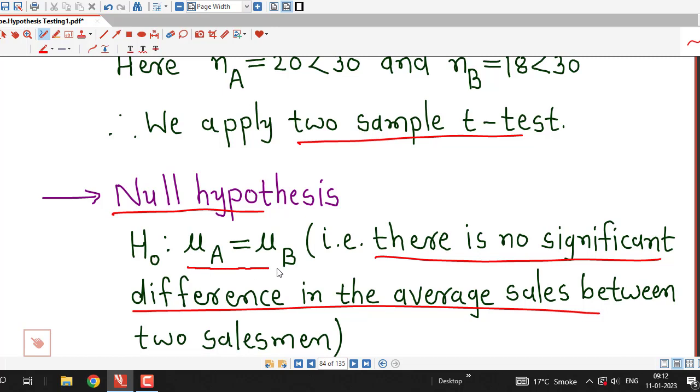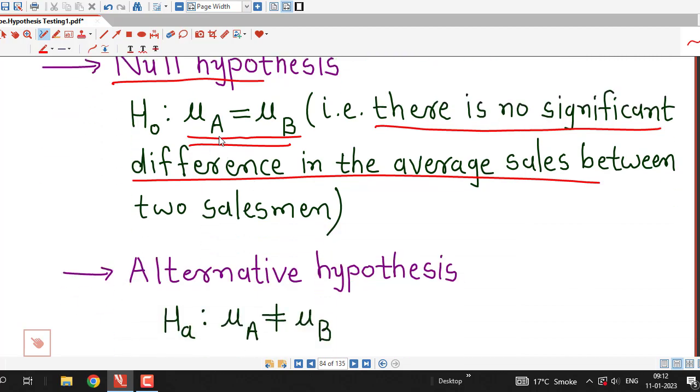In other form, mu suffix A equal to mu suffix B. This is the null hypothesis, and the alternative hypothesis is that these two are different, that is mu suffix A is not equal to mu suffix B. And we are performing the test under the assumption that these two are equal.